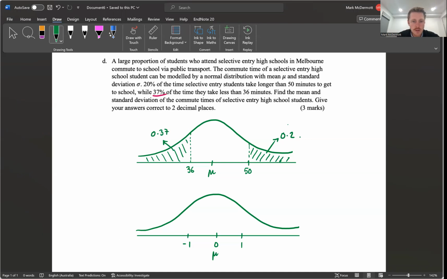Okay, what we need to do is a z-score transformation. So our z-score is equal to x minus our mean over our standard deviation. You can think of this as not coming out of nowhere. If we're to standardize things, to get a z-score, we take our score, we take away the mean.